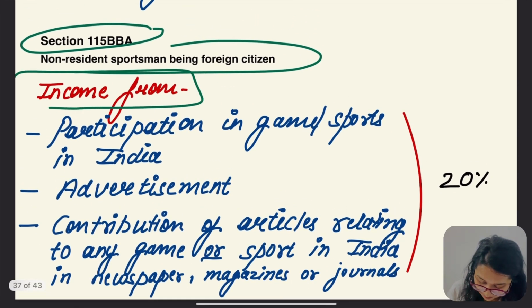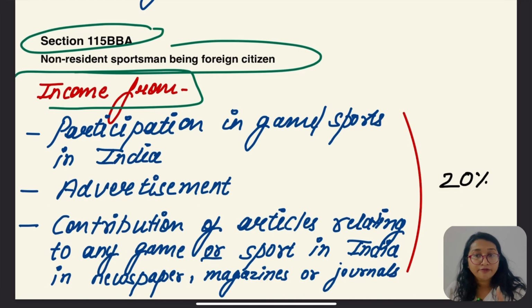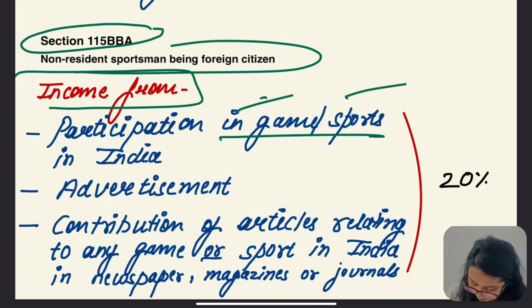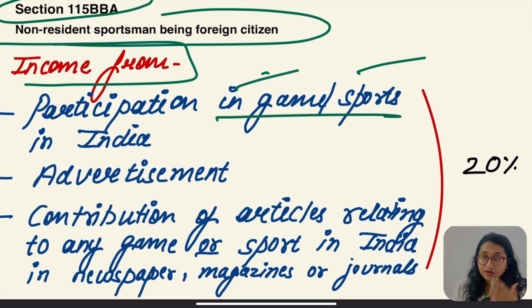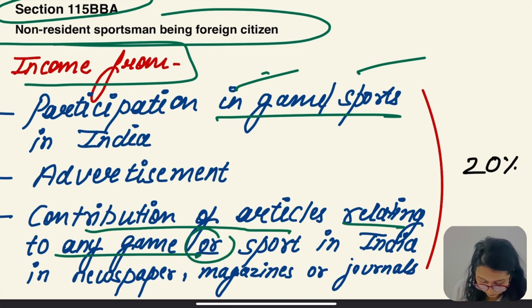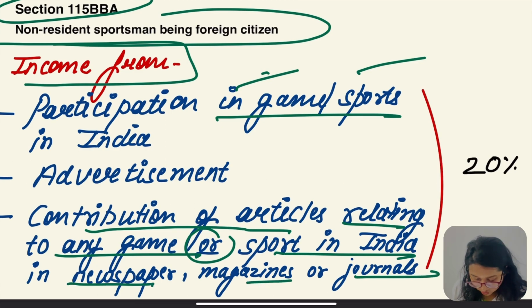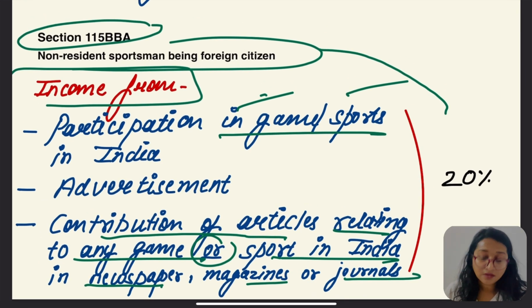If the non-resident is getting any remuneration or any amount from India for participation in games and sports in India, that non-resident being a sportsman, or if they have given any advertisement in India, or contributed an article related to any game or sports in India in a newspaper, magazine or journal, in these three cases 20% is going to be chargeable from a non-resident sportsman being a foreign citizen.